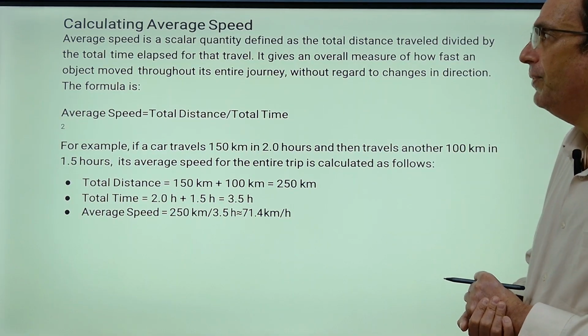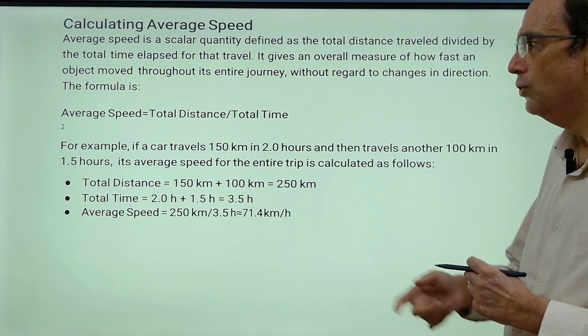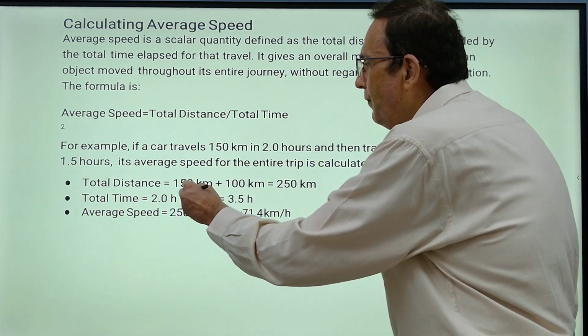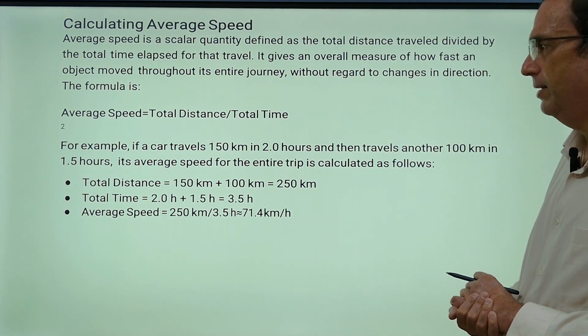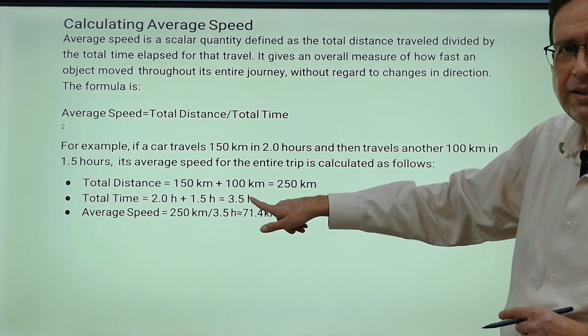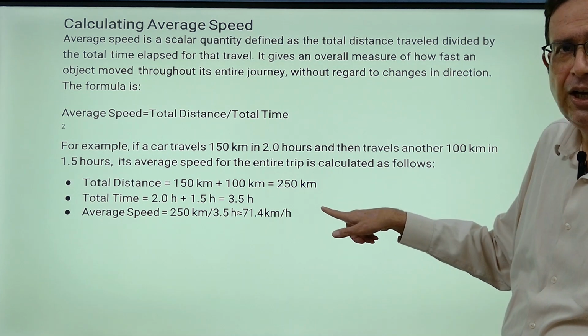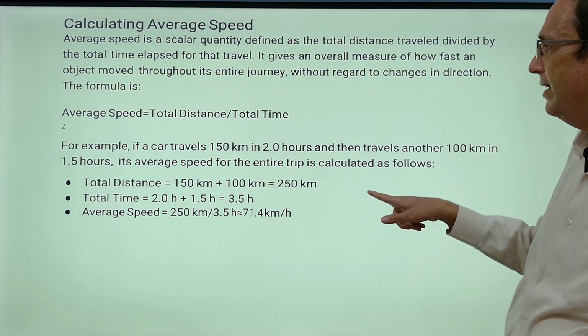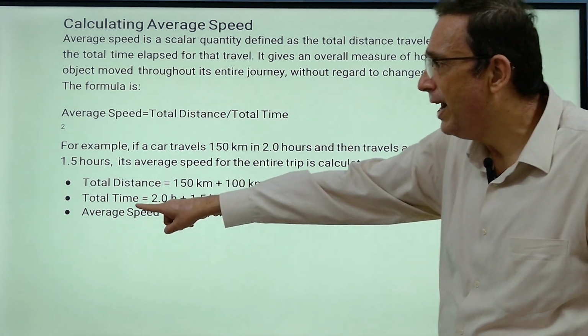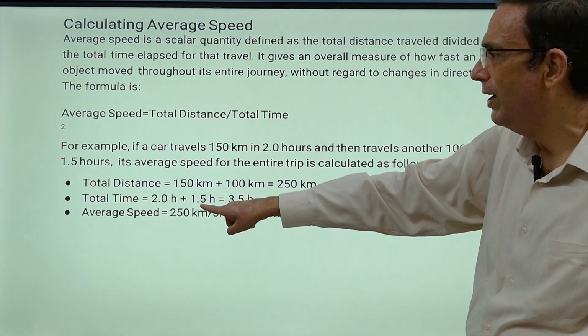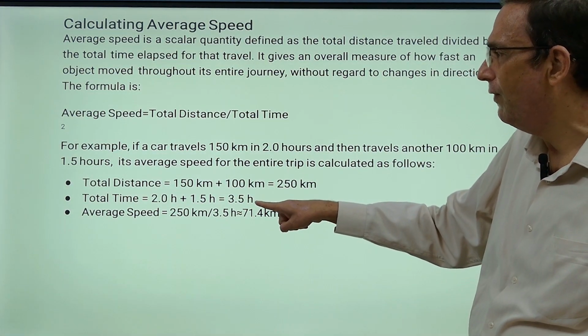What is the average speed? The total distance is what? 150 kilometers plus 100 kilometers, which is 250 kilometers. That is the total distance that it has traveled. And the total time it has taken is 2 hours plus 1.5 hours, which is 3.5 hours.